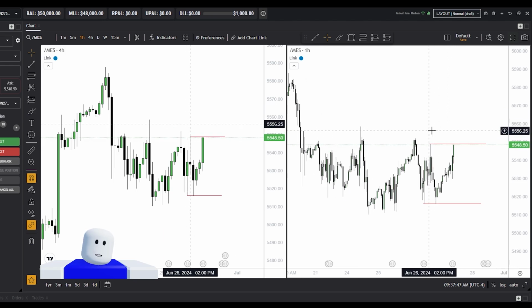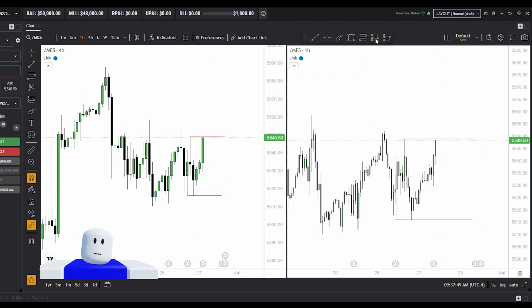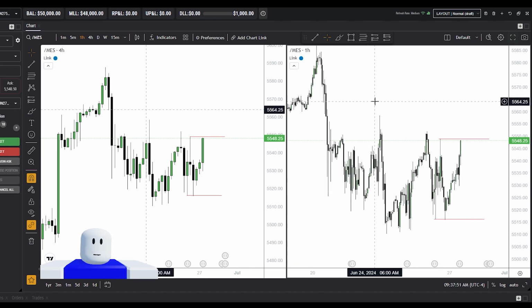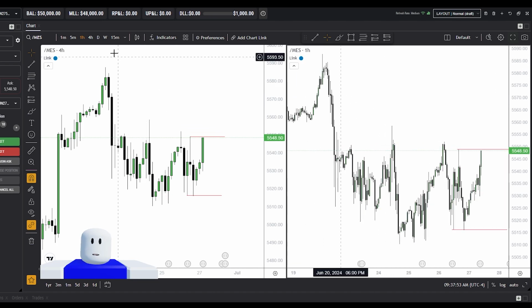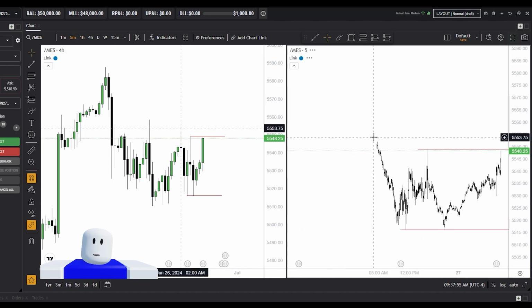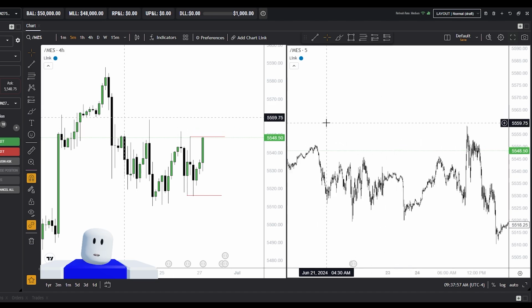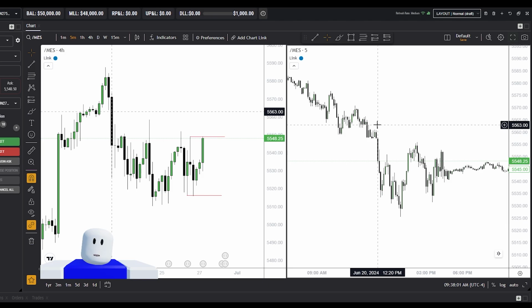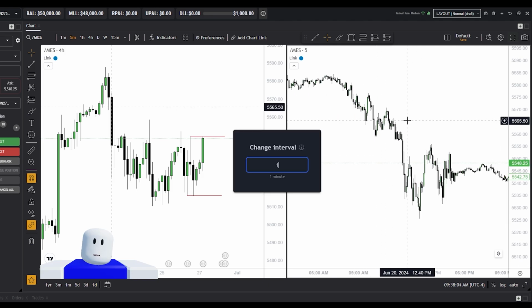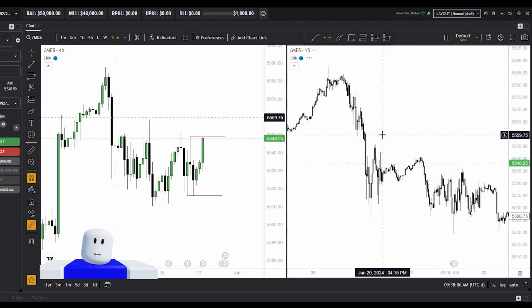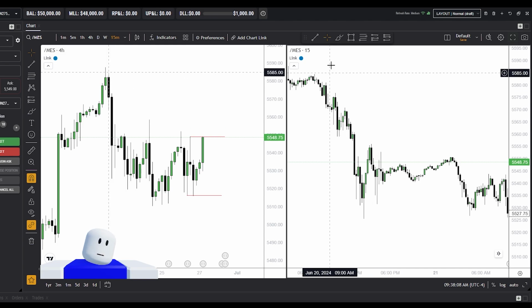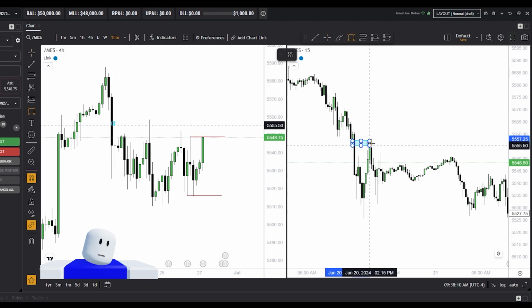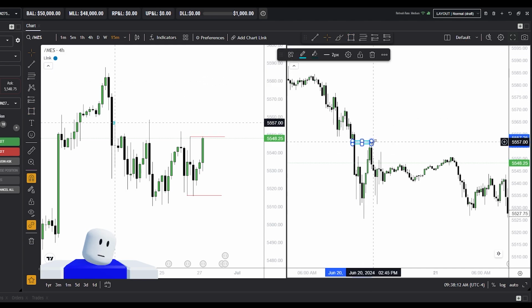So if I want to see a trade on ES to the downside, let's see. There's really no unfilled gaps to the left side. There's very small gaps like this.